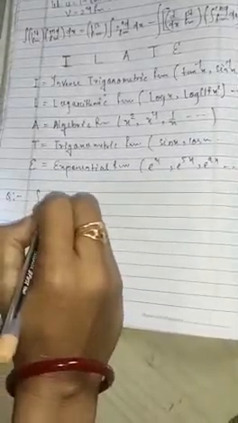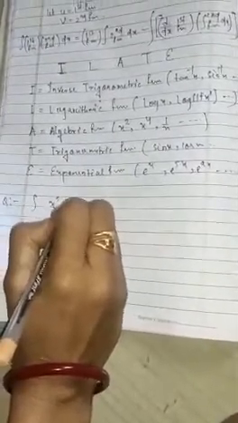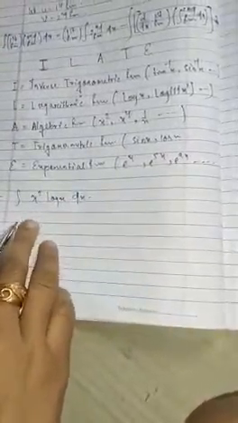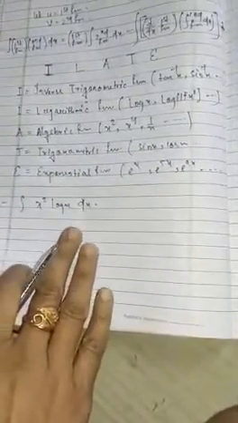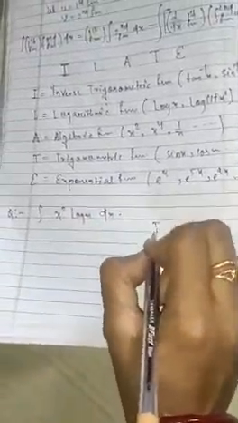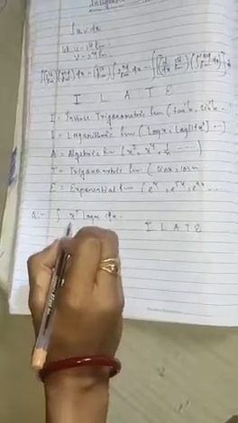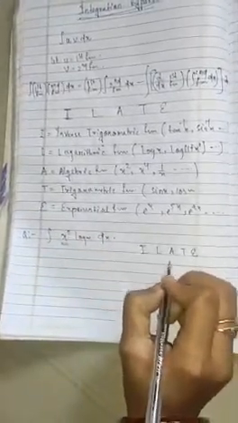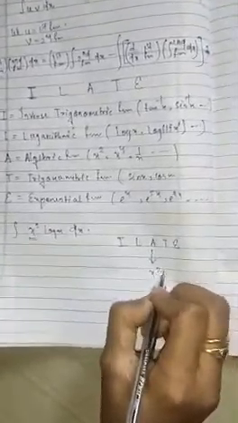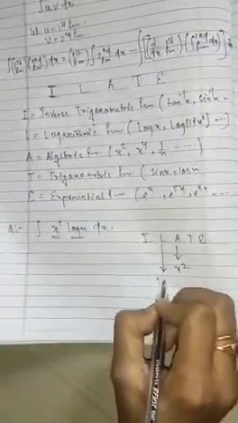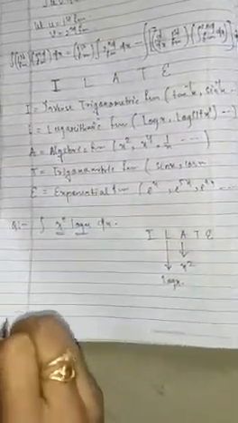Let there be the integration of x square log x dx. Here we have to select which one is the first function and which one is the second function. So you know there is a rule known as the ILATE rule. Check here: x square comes under the letter A as x square is an algebraic function. Log x comes under the letter L as this is a logarithmic function.